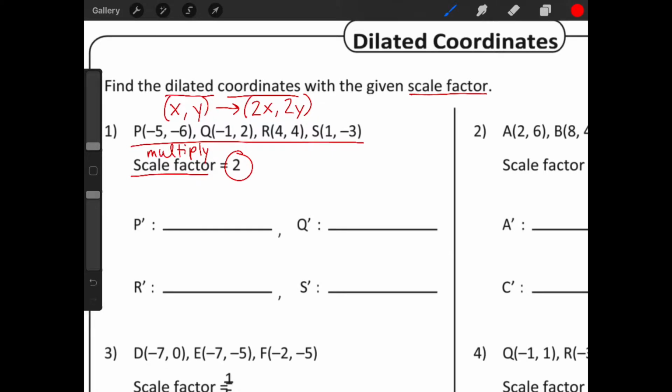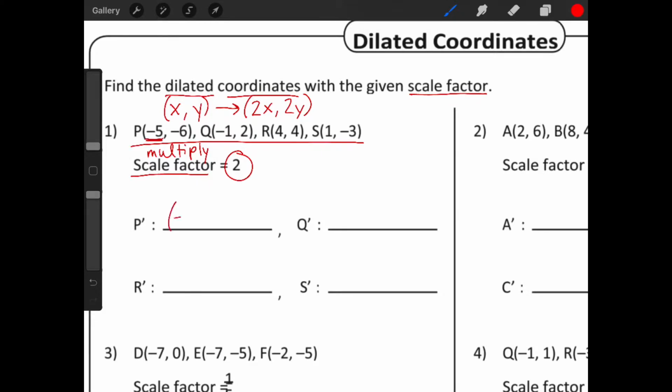So if you have a calculator, feel free to use it. I'm going to have to go old school here because I didn't bring my calculator home with me. I'm just going to write my new coordinates right here on each line, and I'm going to say what I am doing as I do it, because it's hard to demonstrate that on the iPad. But we're going to start with P.